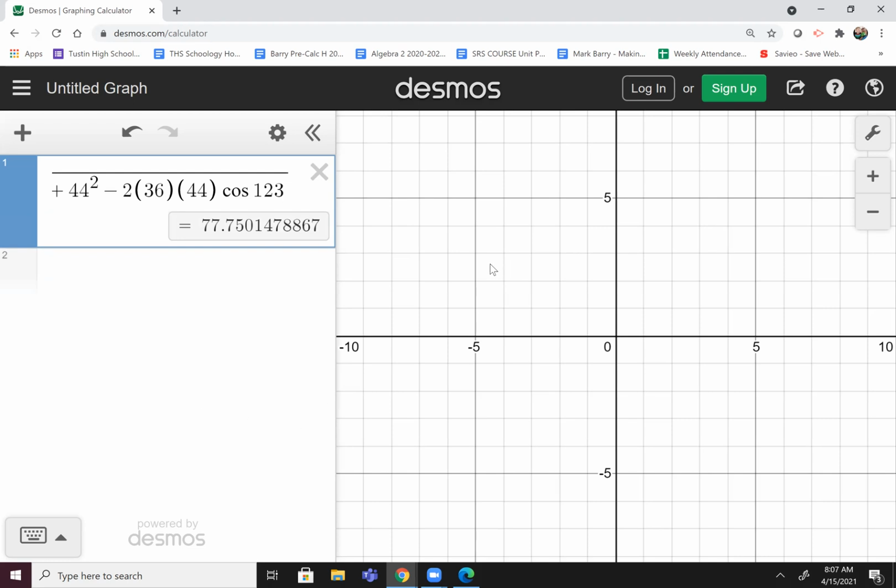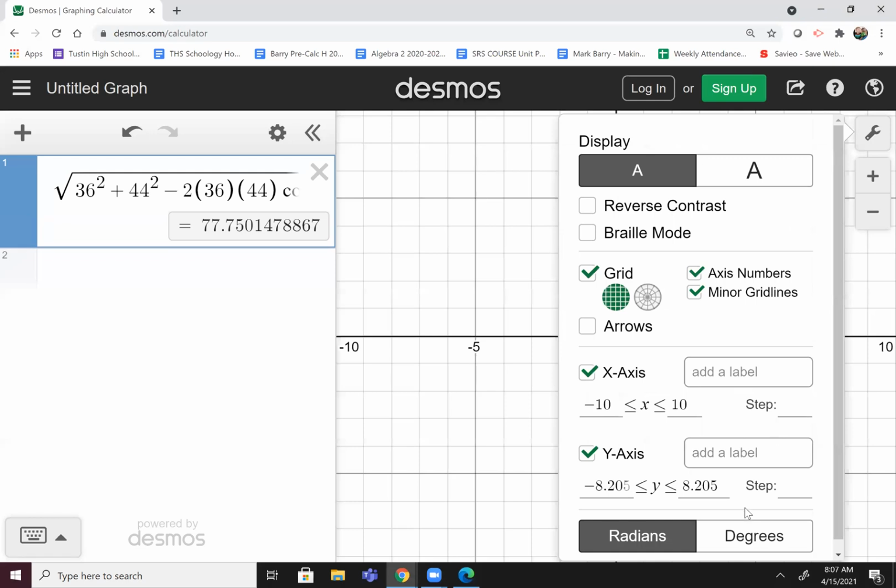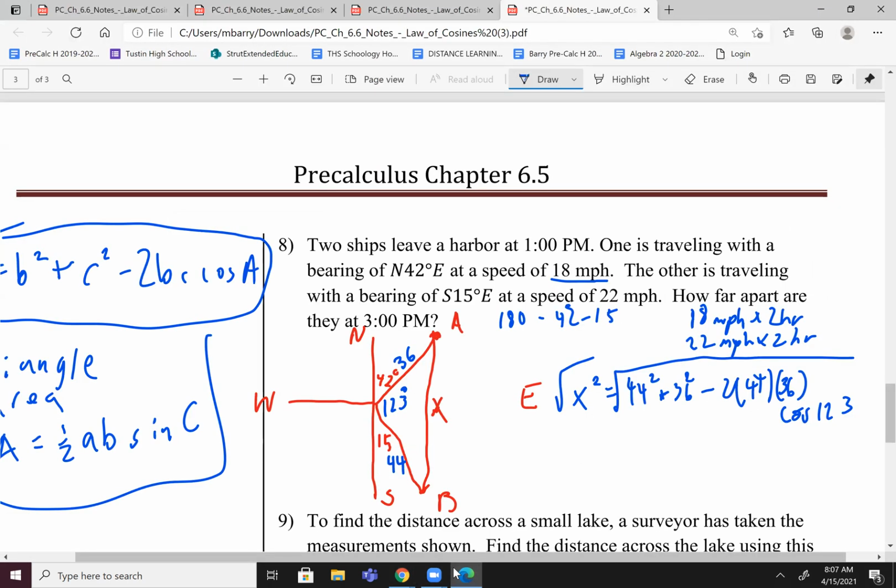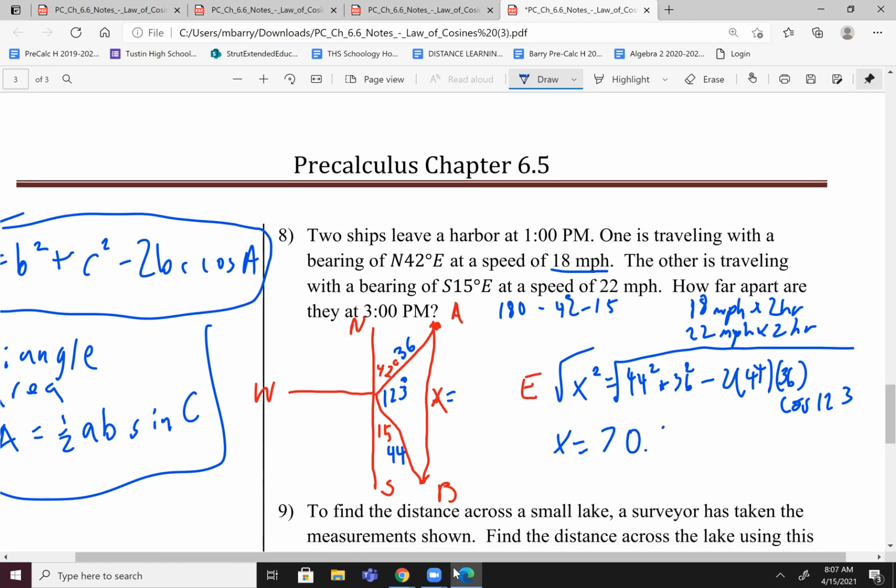Since I just opened my Desmos, I'm pretty sure I'm on radian mode, so I'm going to switch this to degree mode. Oh, the answer is not that different actually, but it still matters. So on degree mode, this says 70.4 miles. I'll write it here, 70.4 miles.